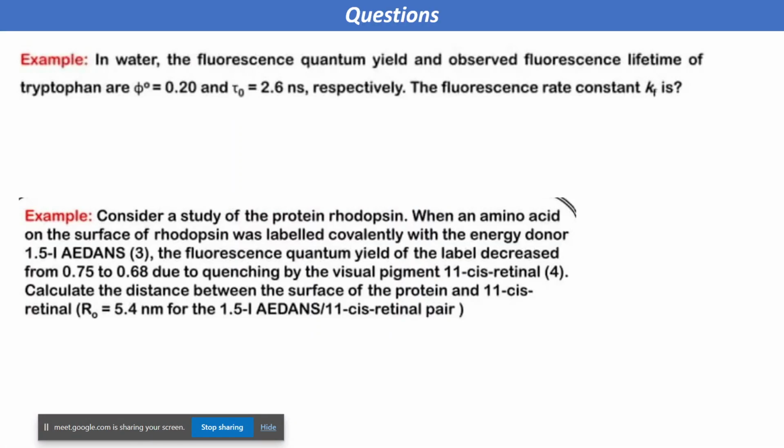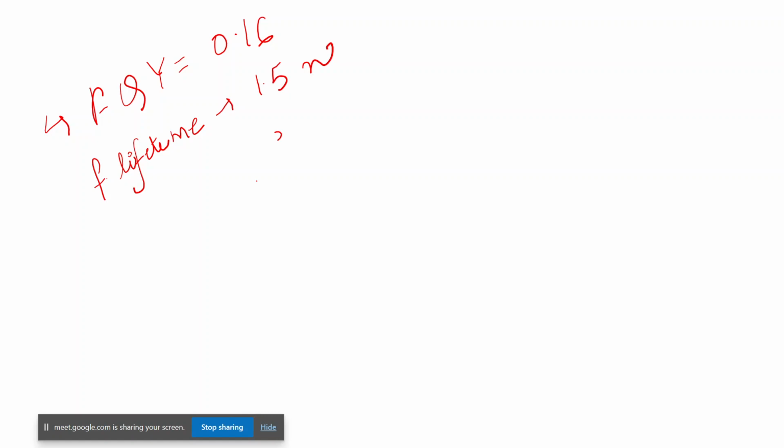Now we will solve one more question. Suppose you have been provided with a fluorescence quantum yield of 0.16 and a fluorescence lifetime of 1.5 nanoseconds. So what will be the value of this rate constant?